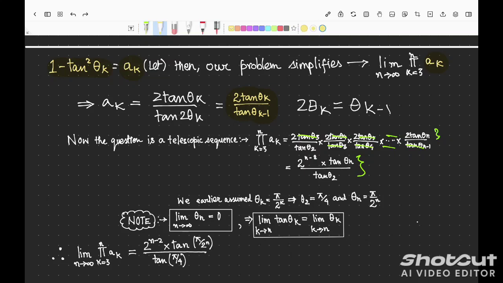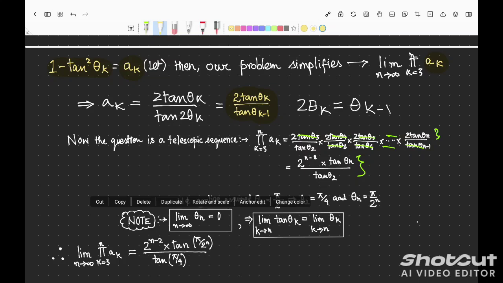So therefore theta 2 will be equal to pi by 4 and theta n will be equal to pi by 2 to the power n. Right? Now there is a note here on theta n, try to grasp this on your own because it will help you a lot to build mathematical skill.